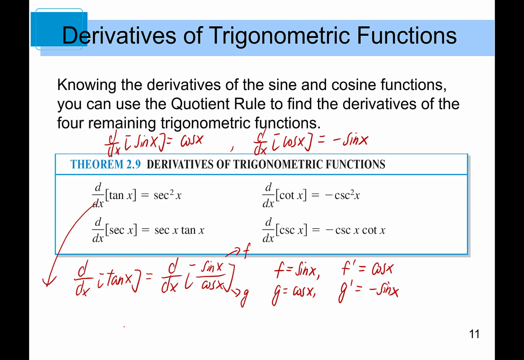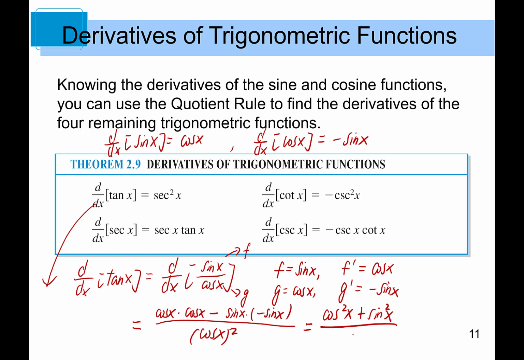Now let's apply the quotient rule. f prime, cosine x, times g, cosine x, minus f, sine x, times g prime, negative sine x, over cosine x squared. So in the numerator we get cosine x squared plus sine x squared, over cosine x squared.